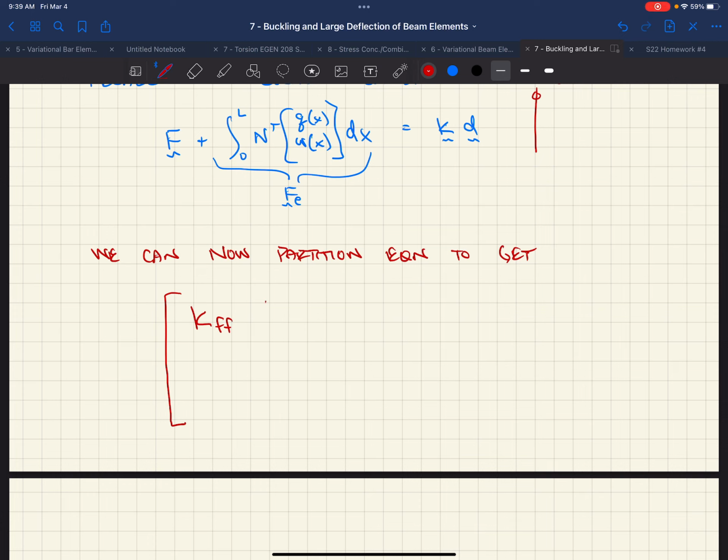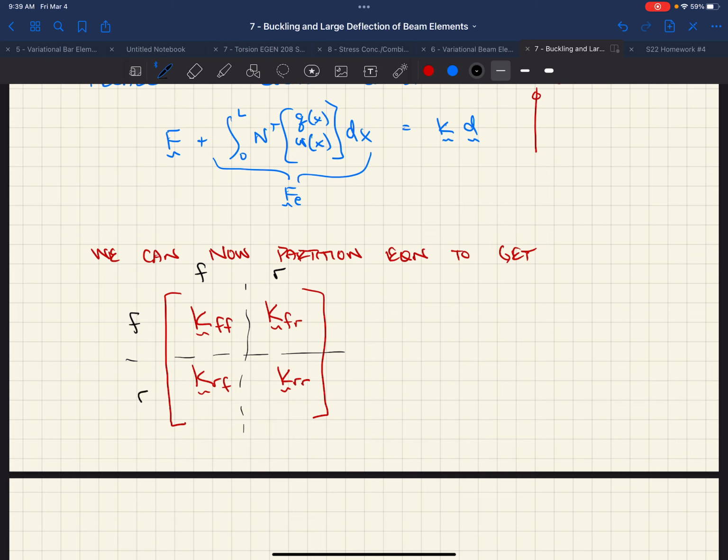VA takes it and partitions our stiffness matrix something like this, where it reorganizes our stiffness matrix.